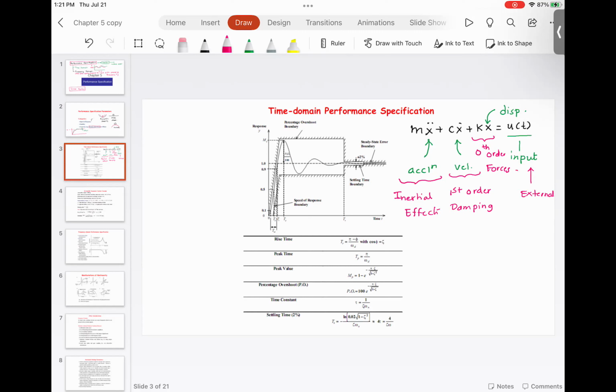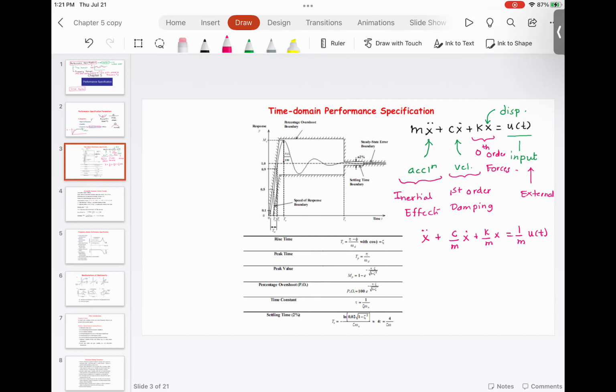We divide the left hand side and the right hand side by m, and this equation becomes x double dot plus c divided by m x dot plus k divided by m x is equal to 1 by m u of t.